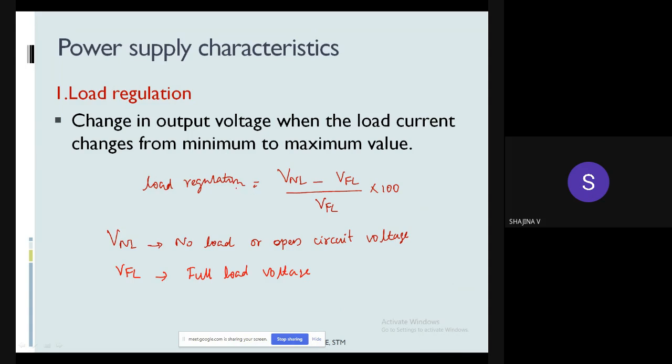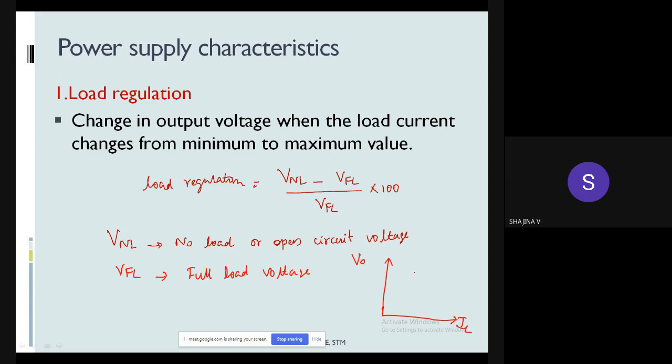That is, there should not be variations between them. Simply we can say, practically we are calculating our load regulation from this curve, IL and output voltage, that is load current and load voltage.